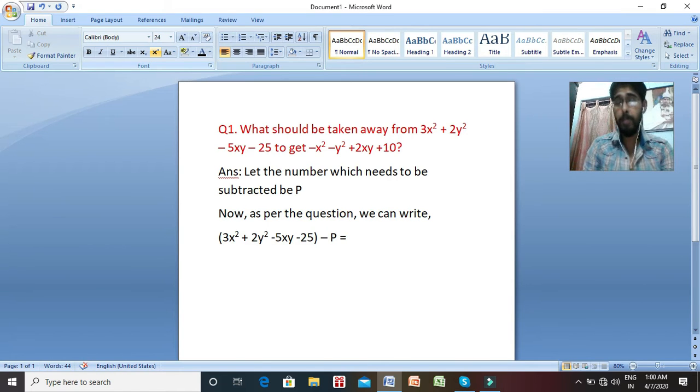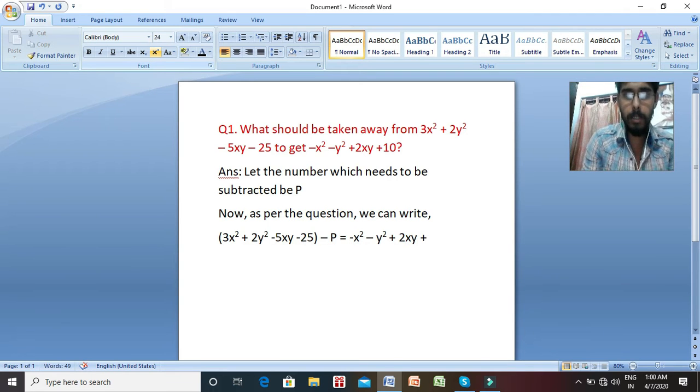We have to find p, and the result that we will be getting is minus x squared minus y squared plus 2xy plus 10.